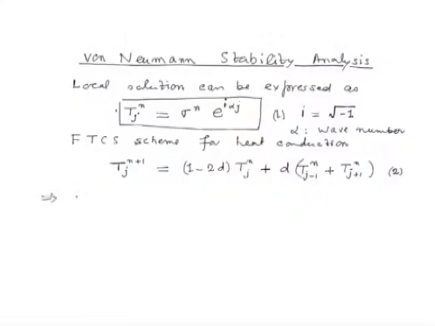Now, T_j at n plus 1 would become, on the left hand side, sigma to the power n plus 1 times e to the power i alpha j, where i is our complex number.